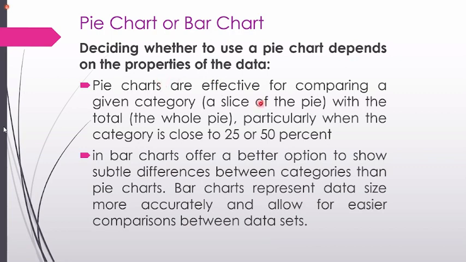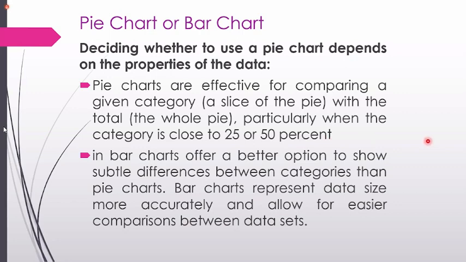Pie charts are mostly effective for comparing given categories, each a slice of the pie. We look at the percentage of the whole pie, comparing a given category over the total. The categories should be close to 25 or 50%.